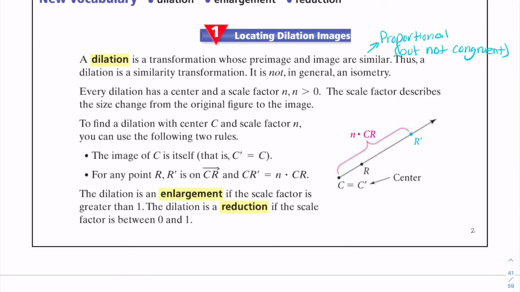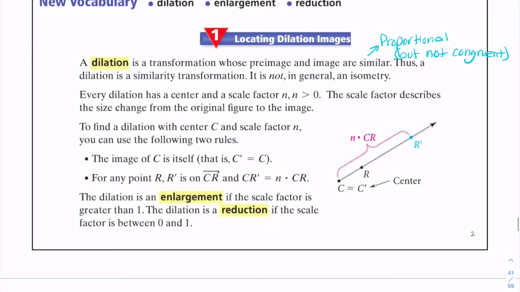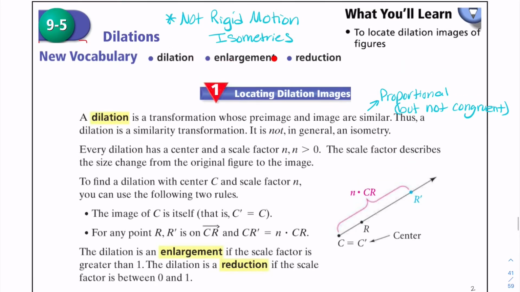Thus, a dilation is a similarity transformation. It is not in general an isometry, which I mentioned above.